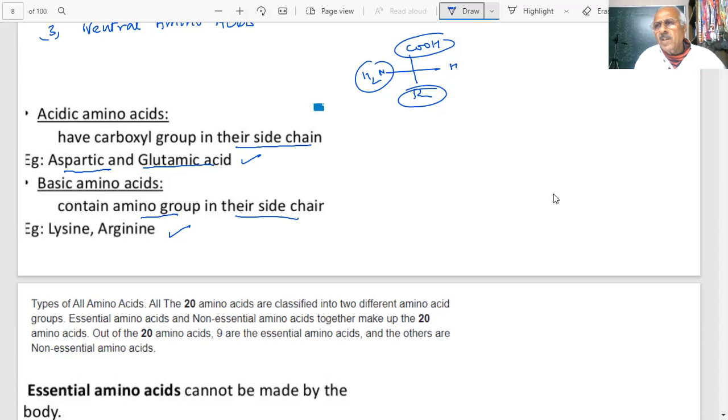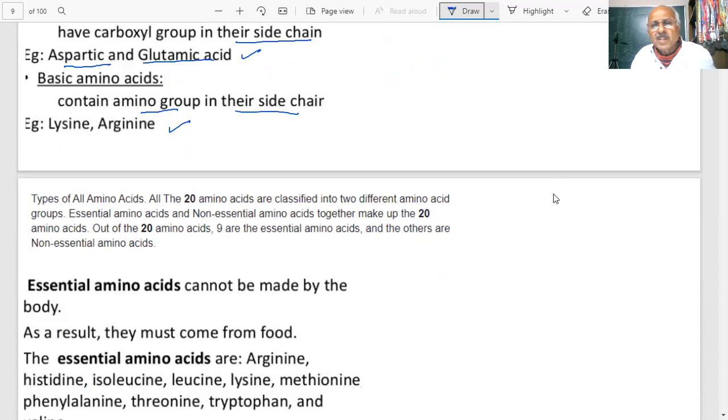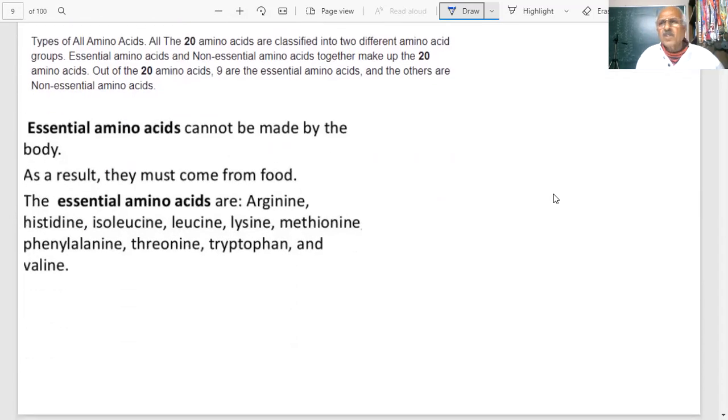We just go through them, but one or two we should know because if they ask us to name, then we can name them. Basically, they will make the protein. We can't remember all the names, it is not possible. But when certain examples are asked, at least one should be known to us.